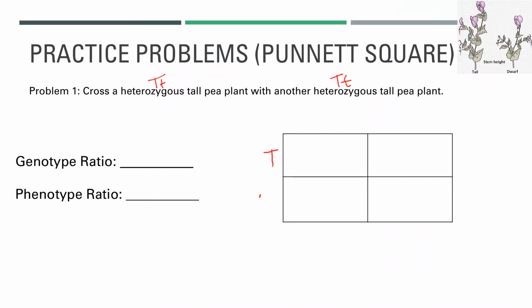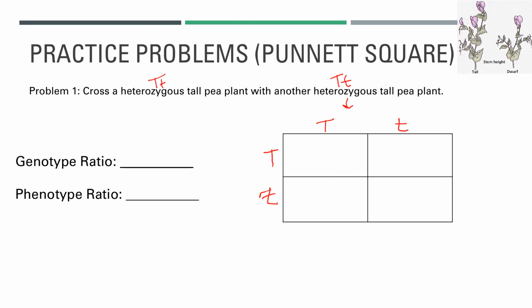And then we'll have our other allele here. And then over on the top here, our other plant is going to come in. So we have our big T here and our little t here. As you can see, we put those in the respective spots of our Punnett square.